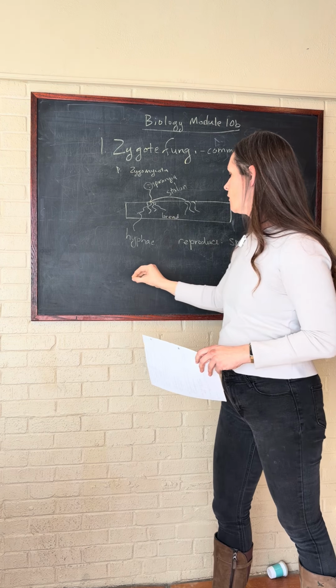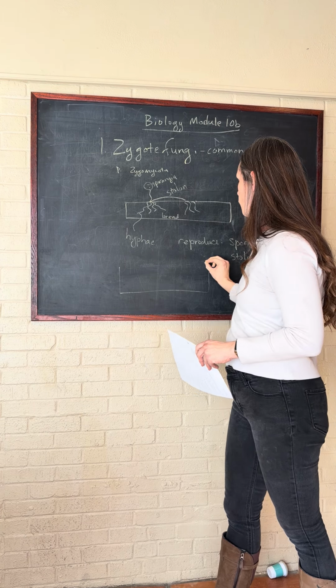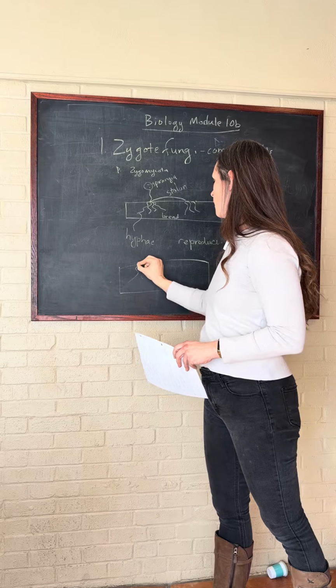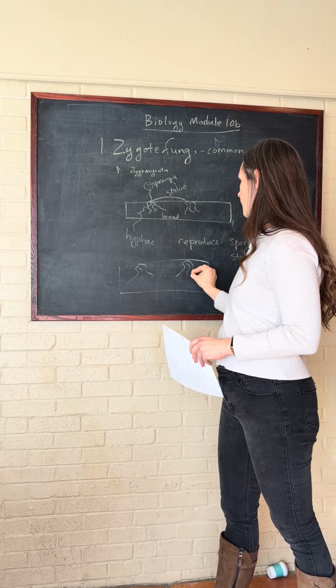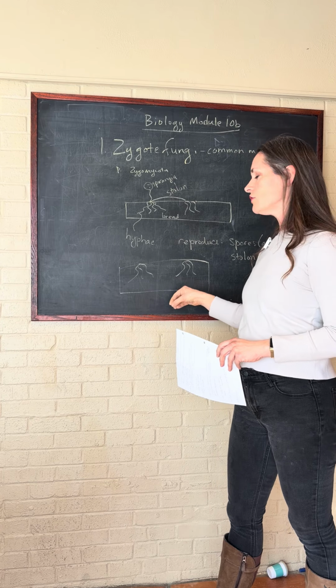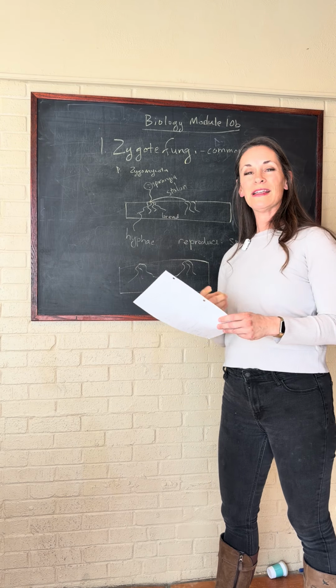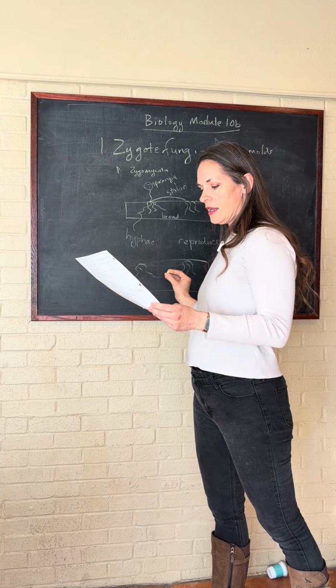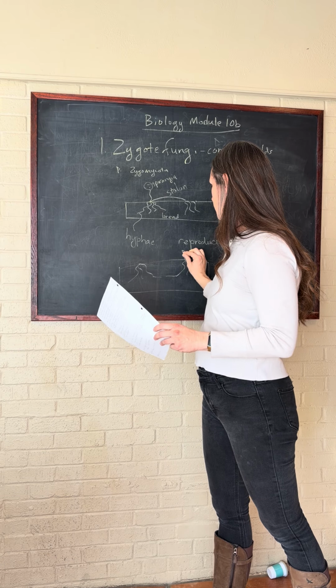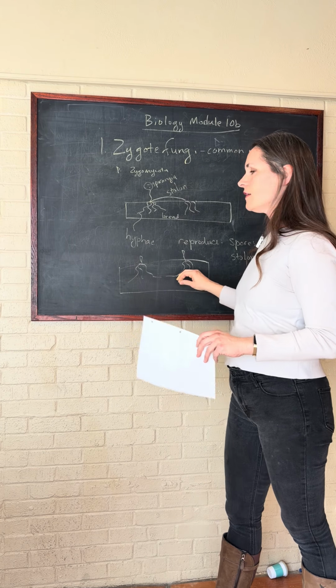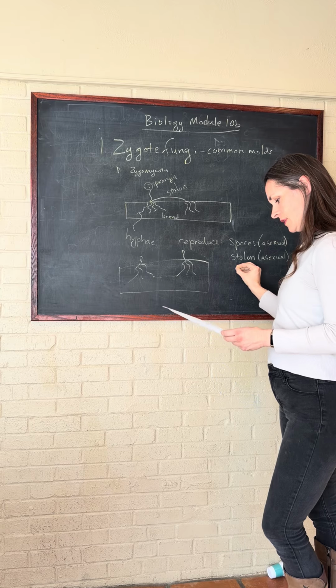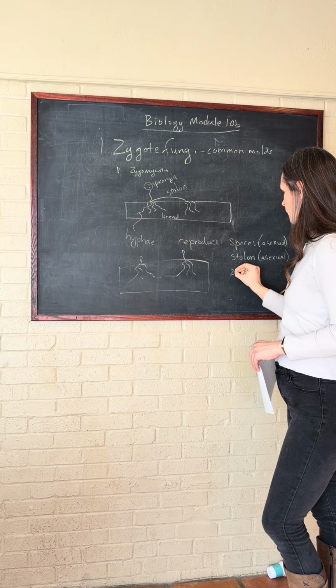It can also reproduce sexually. So if we have two mycelia here growing in your bread, and these two mycelia meet each other underground or in the bread, they can actually fuse and mate and make fruiting bodies that are the result of sexual reproduction. And those are called zygospores.